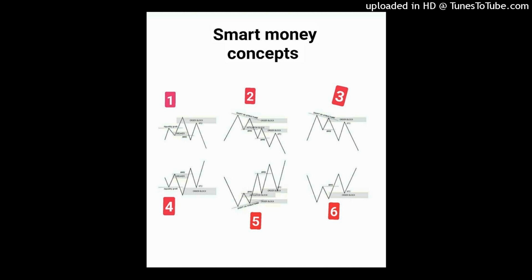So the part that broke structure was actually from this part here, from what I can see. Yeah, from this OB here, which was tapped and gone. But obviously we won't trade at this point because we don't have a confirmation that trend is going bullish.